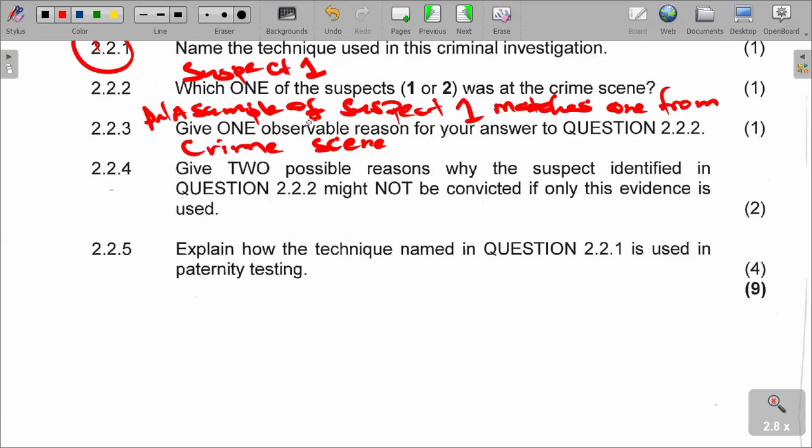What might happen is that the DNA bands, we are saying this can happen because the DNA sample might have been planted at the crime scene.